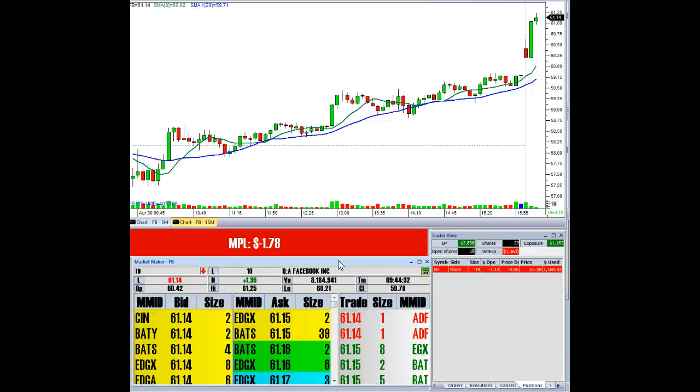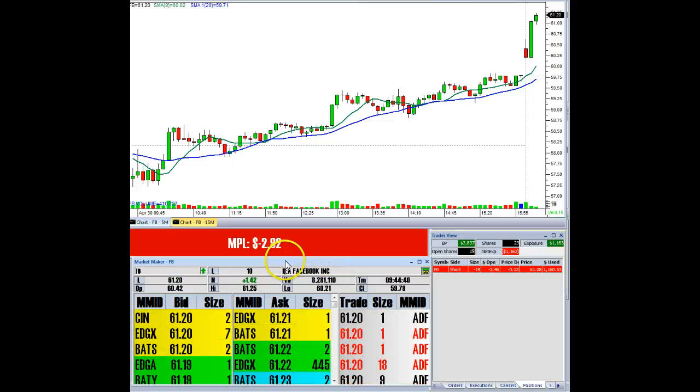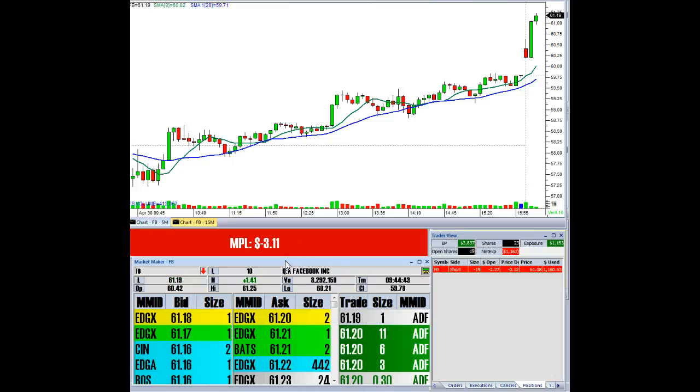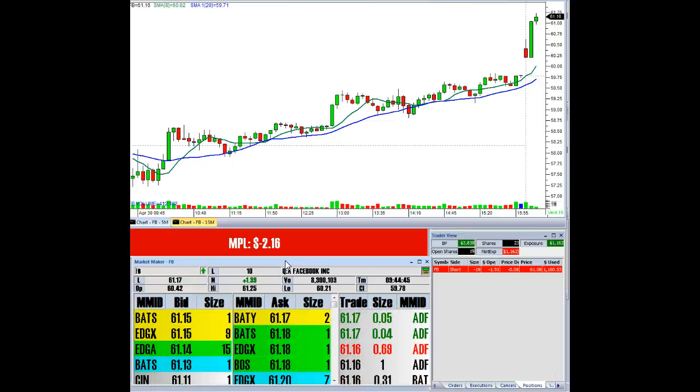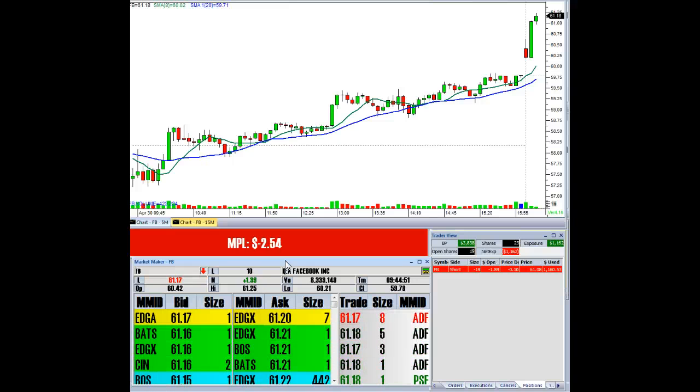And I missed it. I had a bad button push, so I had covered a couple of cents earlier. So I just missed my chance there. Oh well. You see, I'm only down $2 at the moment, so the trade is under control.